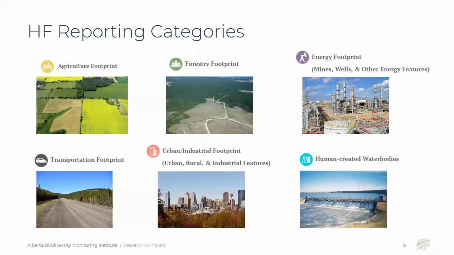I mentioned that we have 112 feature type categories and 20 sublayers, but ABMI, as one of the users of the human footprint data set, reports on the amount of human footprint on the provincial scale, but also on some specific projects, so different areas of interest. And we report as an organization in 6 categories: agriculture, forestry, energy, transportation, urban and industrial, and human-created water bodies.